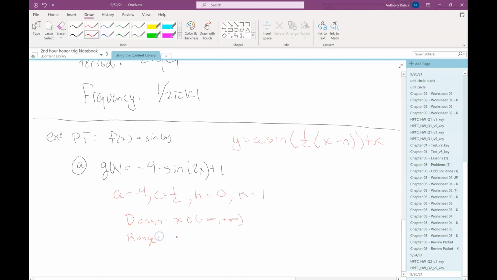How about the range? It's going to be k minus the absolute value of a to k plus the absolute value of a. So that would be 1 minus 4 to 1 plus 4, so -3 to 5.